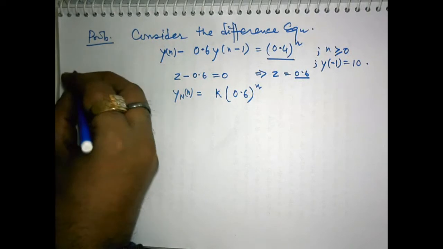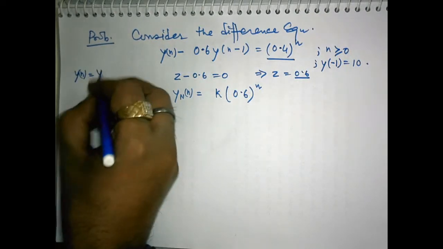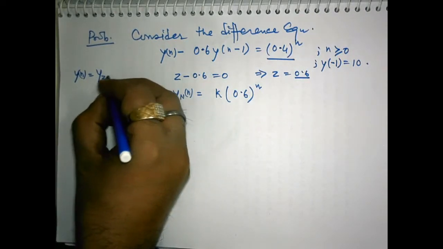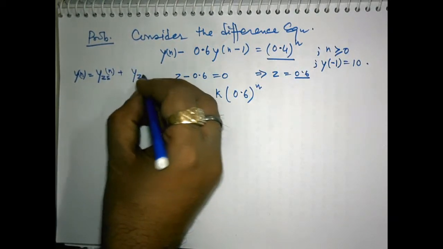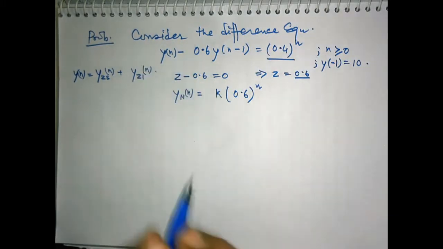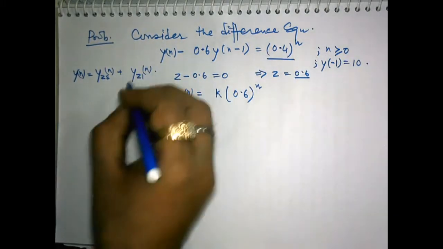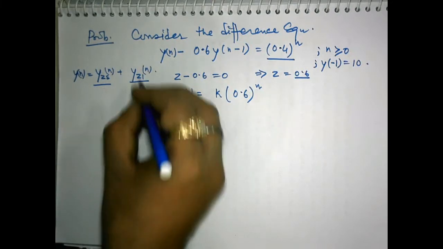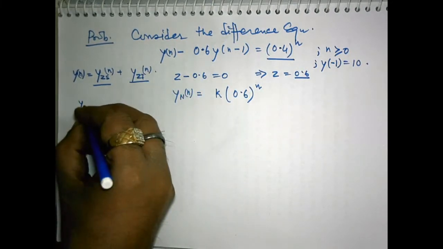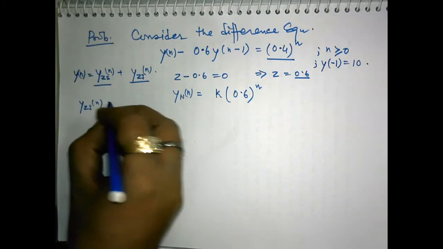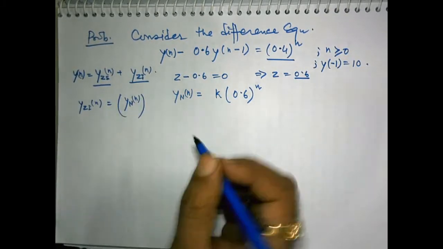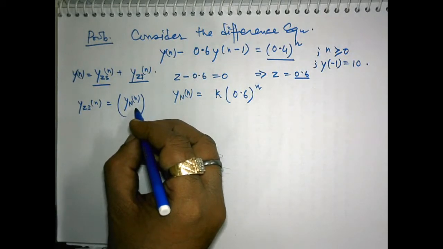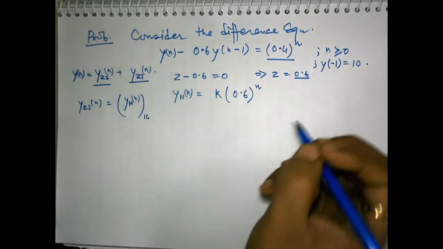We will evaluate yn in the form of y zero state response n plus y zero input response n. What is this zero input response? Y zero input response n is basically y n n, because natural response is obtained when input is 0, and with given initial condition.